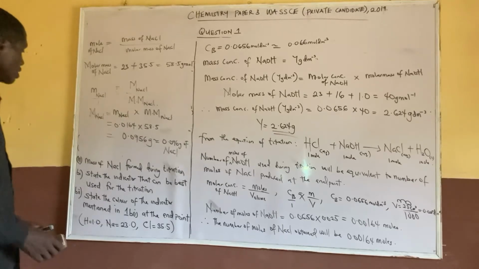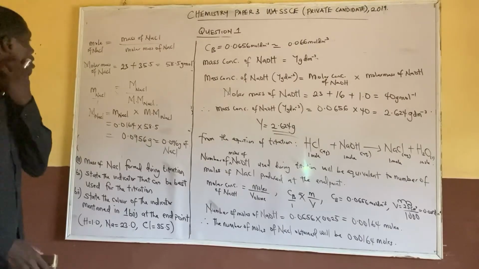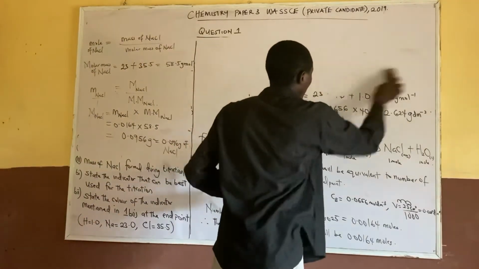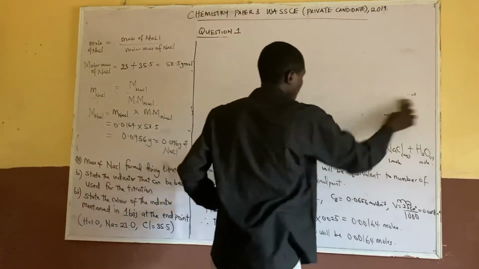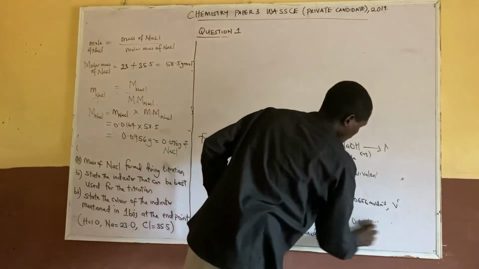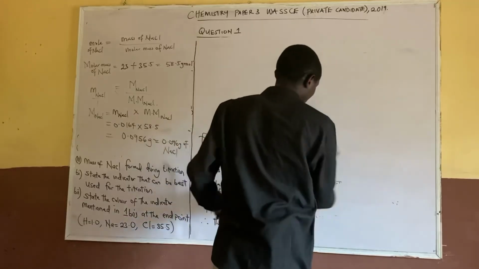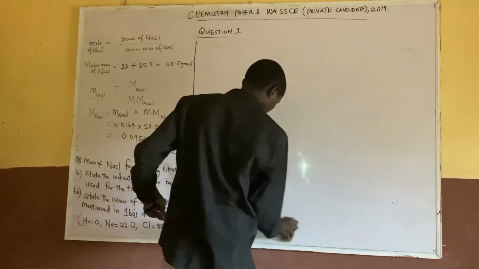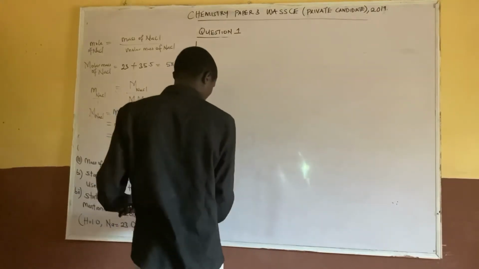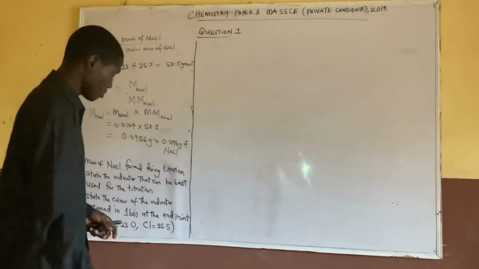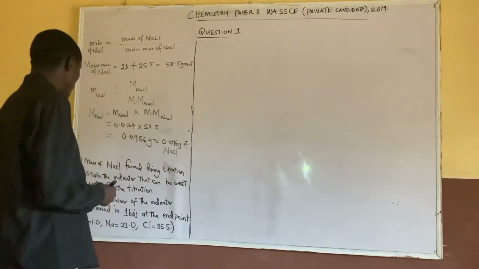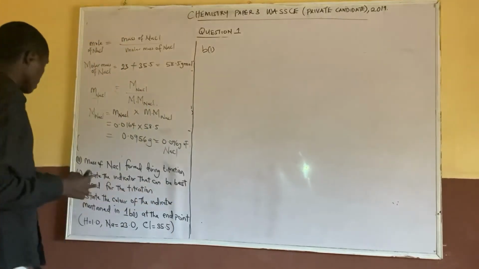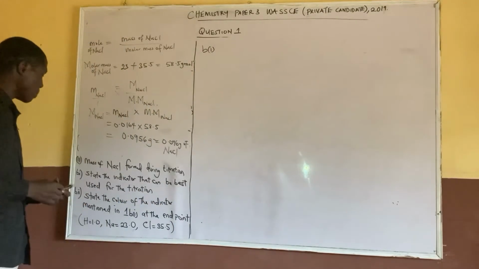Now, question B. State the indicator that can be best used for the titration.